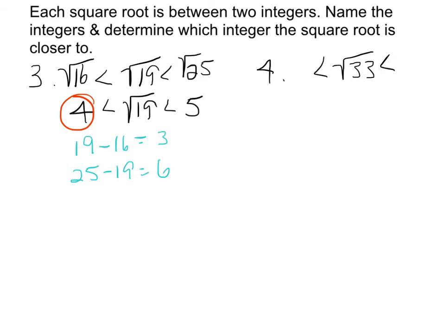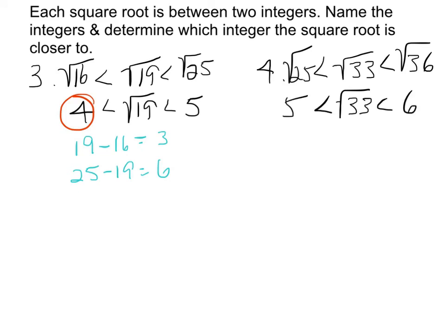All right, the square root of 33, that's between the square root of 25 and the square root of 36. So the square root of 33 is between 5 and 6. But which one is it closest to? Okay, in your head you're going to find the difference between 33 and 25, and then the difference between 36 and 33.